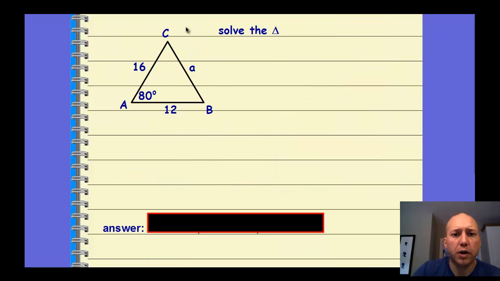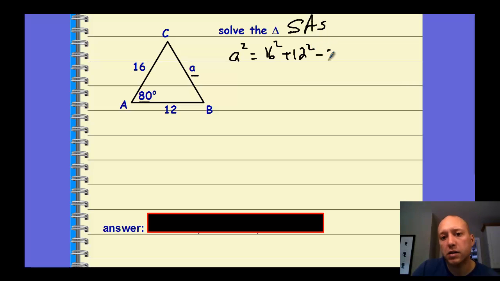Okay, second example here is a side, angle, side. The first thing we need to find is the side opposite of our angle, so we're going to have to find our side A. To do that, we need to use law of cosines. So a squared equals 16 squared plus 12 squared minus double 16 times 12 times cosine of 80.